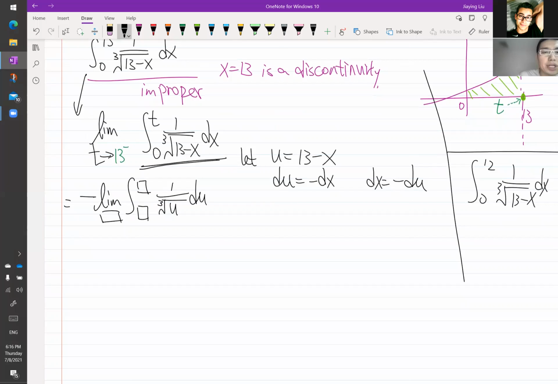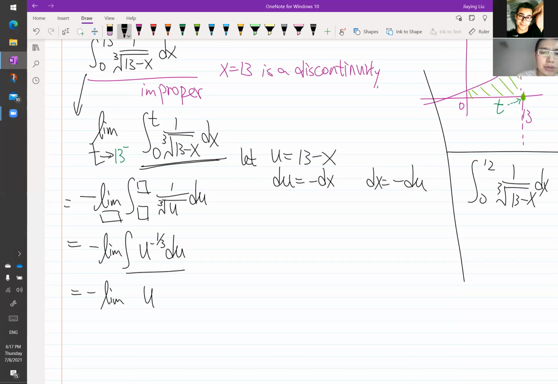So let me continue here. So the next step, rewrite the function using exponent. So that's a negative limit integral u to the negative 1/3 du, and then we can find the antiderivative. So that's a negative limit.